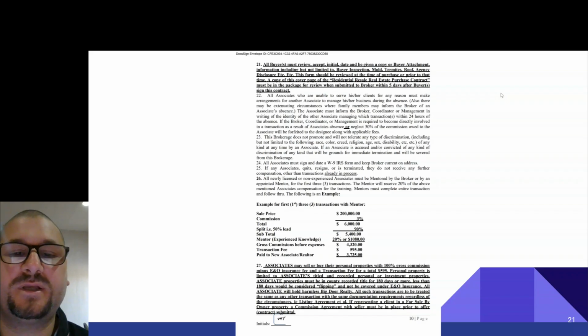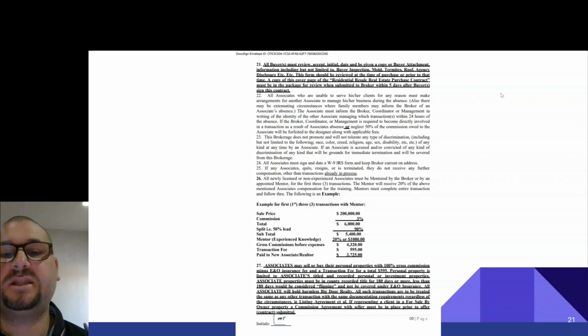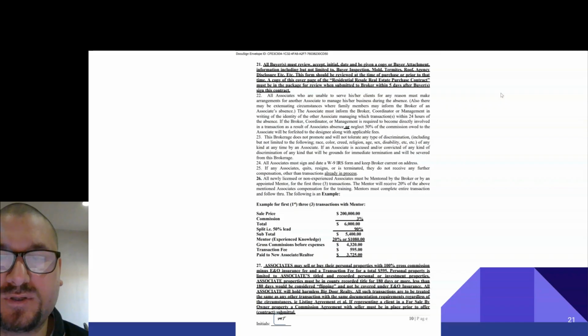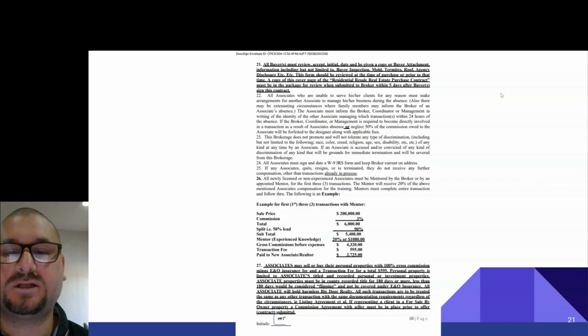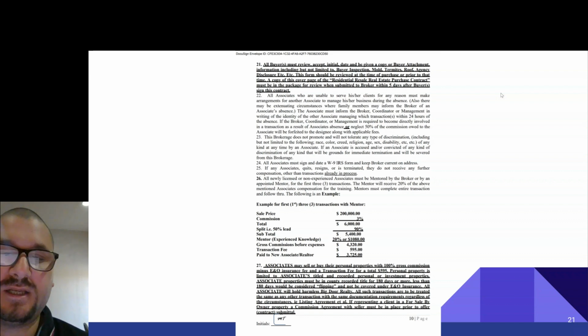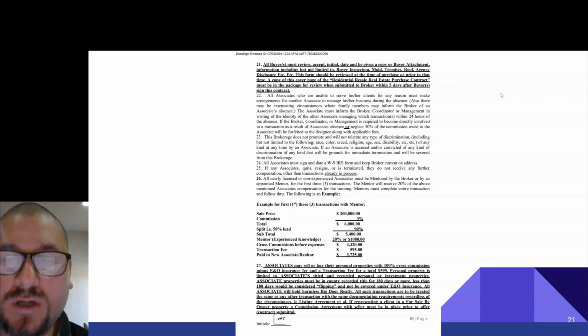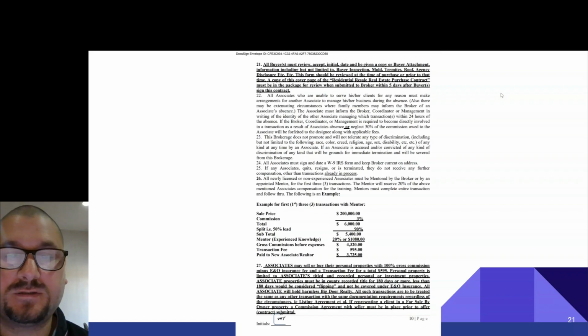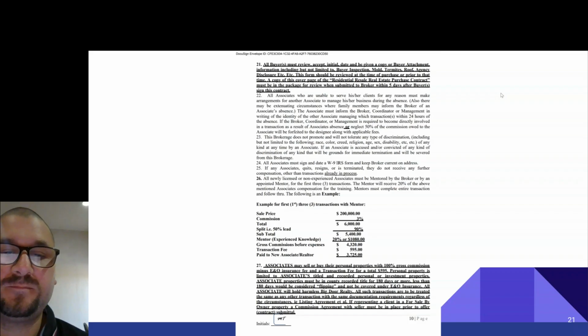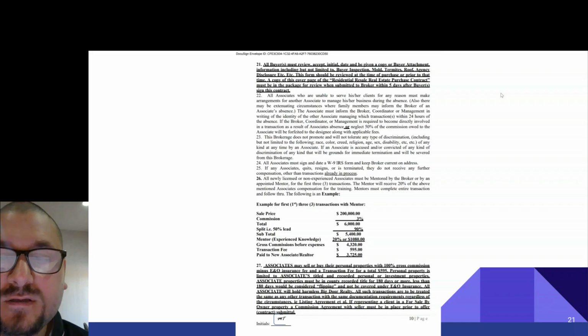so here it says the split is 80-20. So 50% lead. So 90% of $6,000 is $5,400. The mentor, for experience and knowledge, gets 20% of that, or $1,080. The gross commission before expenses now becomes $43.20.